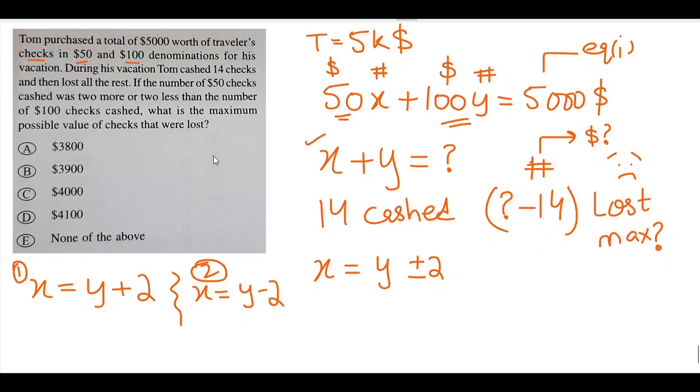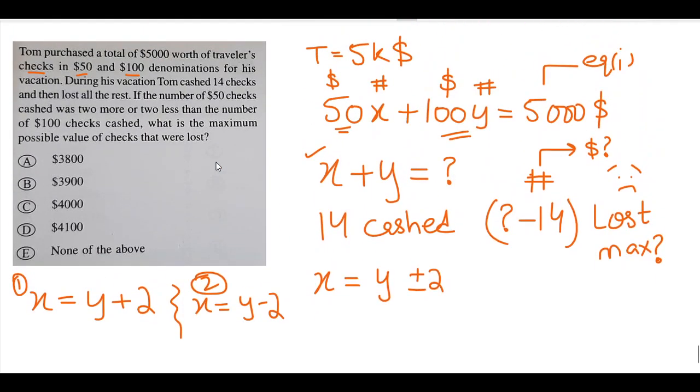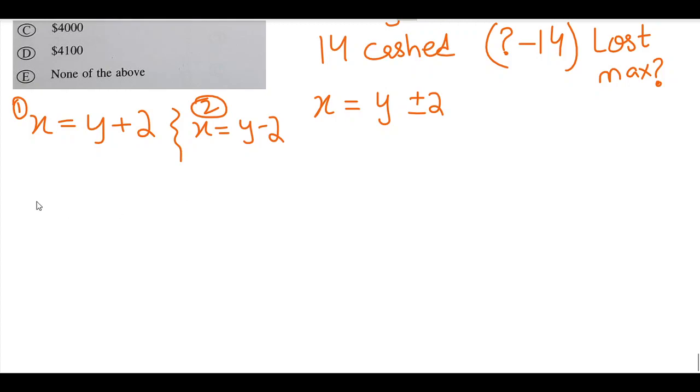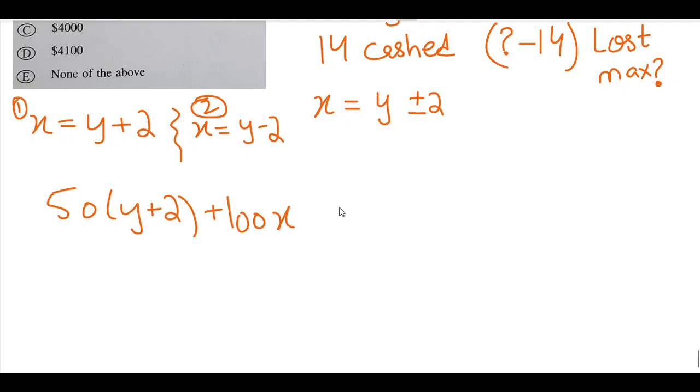So I need to scroll down a little bit. So let's write 50 times (Y plus 2) plus 100 times, no sorry, it's Y over here, yeah, sorry, Y.